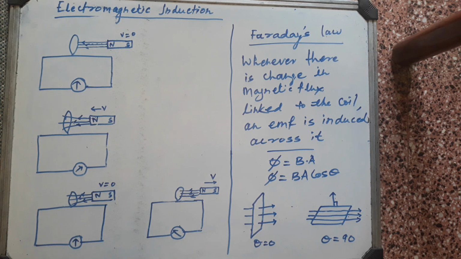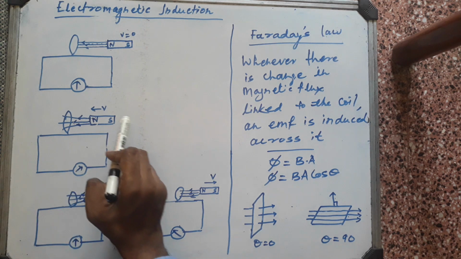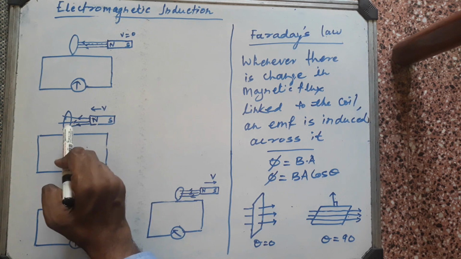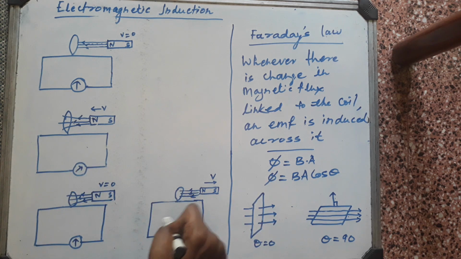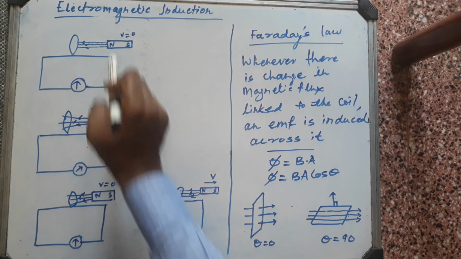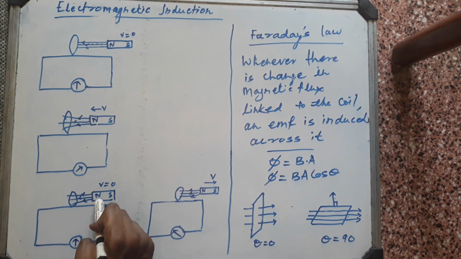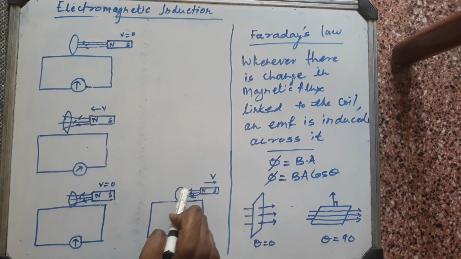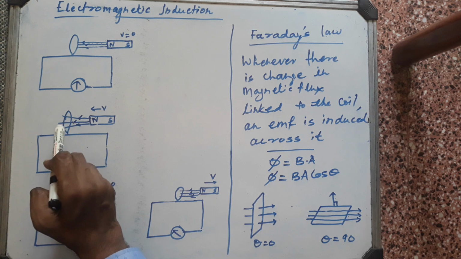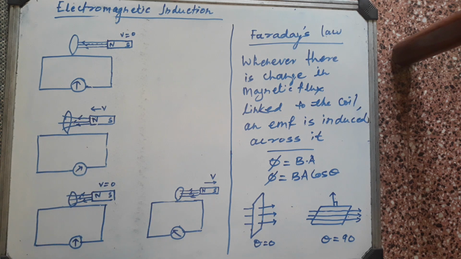So it is observed that when the magnet is moving towards the coil and away from the coil, it shows current. When it is kept far away or very close, there is no current flowing through the circuit, which shows that the changing magnetic field linked with this coil gives rise to current.